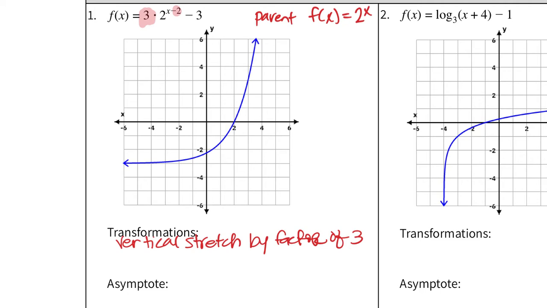Or I'm sorry, there is no parentheses, it's invisible. But that is going to be a horizontal shift. Because it's minus, it is going to the right. So shift right 2. And then last would be the minus 3 at the end. And that's another shift, but this time it's going down 3. So 1, 2, 3 transformations.